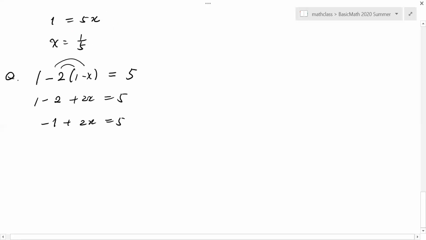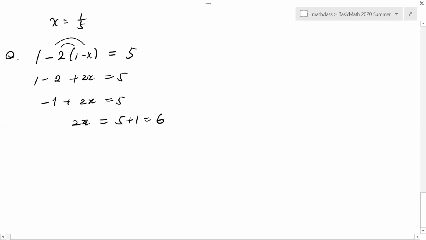Then you add 1 to both sides, so you get 2x equals 5 plus 1, which is 6. So you can think about it as just moving a term from left to right and changing the sign. Then you divide both sides by 2, which is 3.